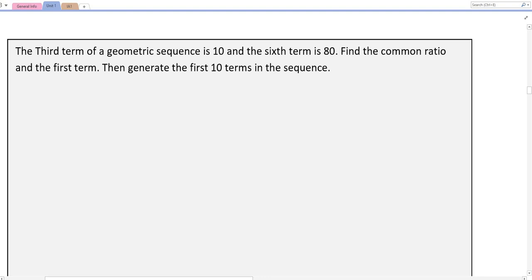Is it just... Oh, yeah. So get to T6. Thanks for that, Stuart. Could you say T6 equals T3 times...? So what's that equal? T6, T3.